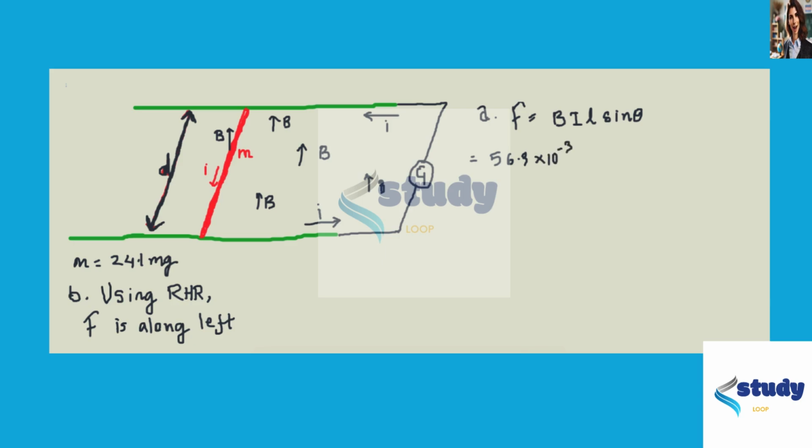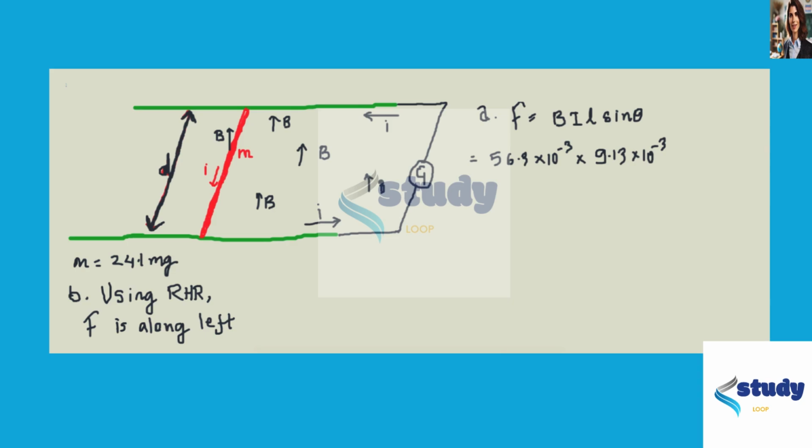What is the current here? Current is given as 9.13 milliamperes, so into 9.13 into 10 to the power minus 3, right?